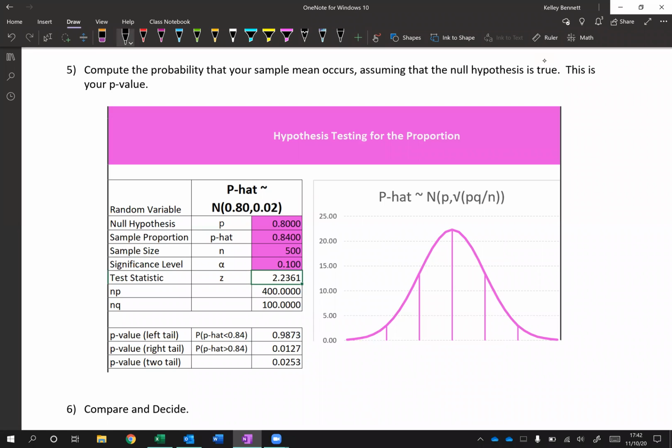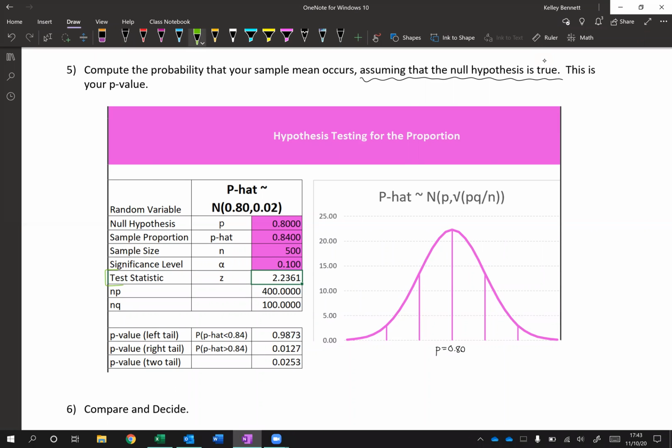Okay, so remember that we are assuming the null hypothesis is true. So that means that P equals 0.80 is smack dab here in the center. And we want to know how far away is 0.84 from that assumed value of P. Well, again, this is our test statistic.